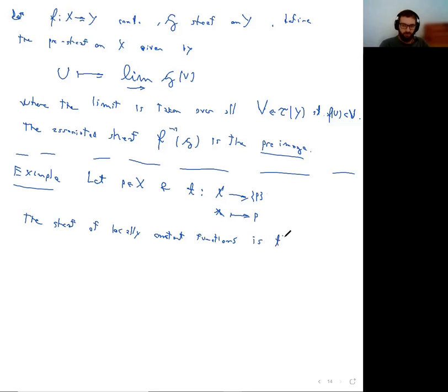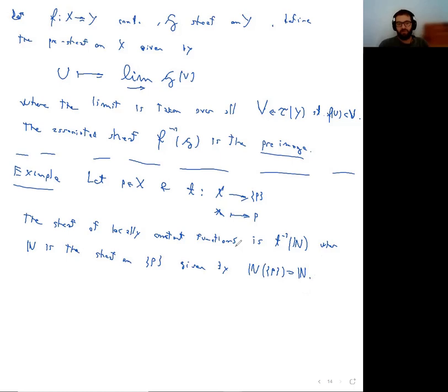You can just think about it as the pre-image sheaf of N, where N is the sheaf on the manifold made with just one point, given by N(P) equal to the integers.